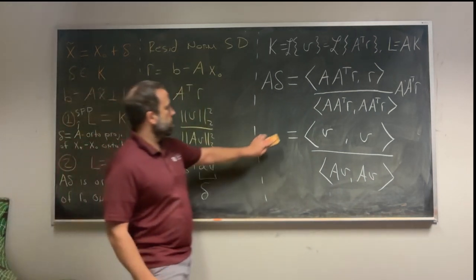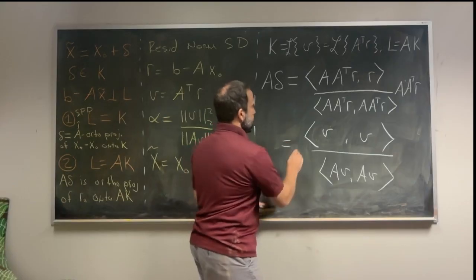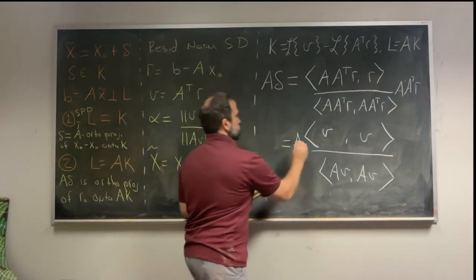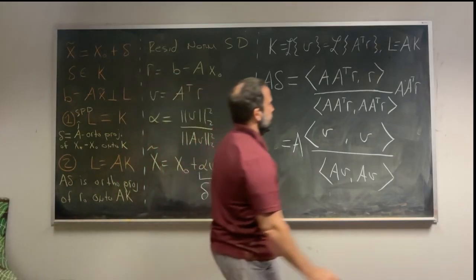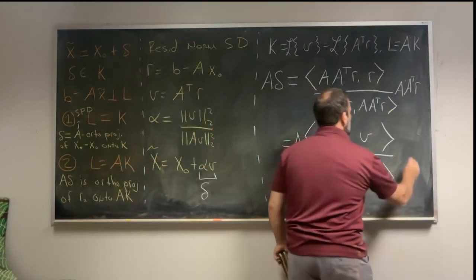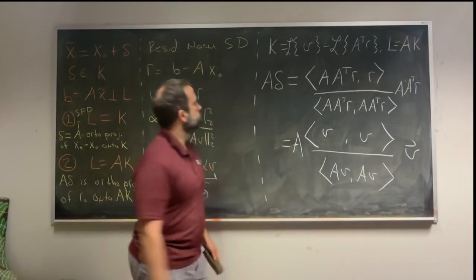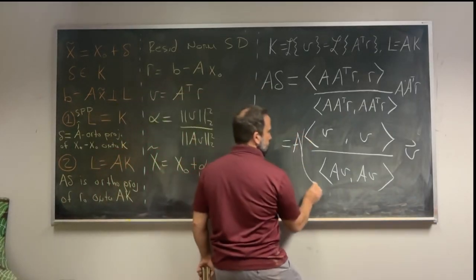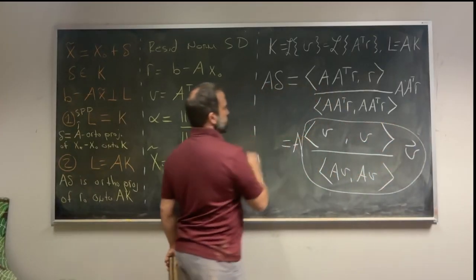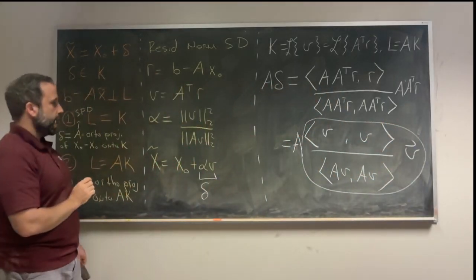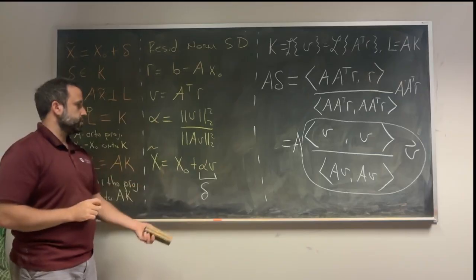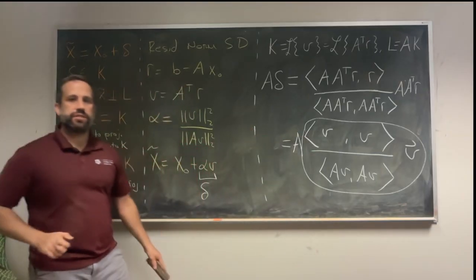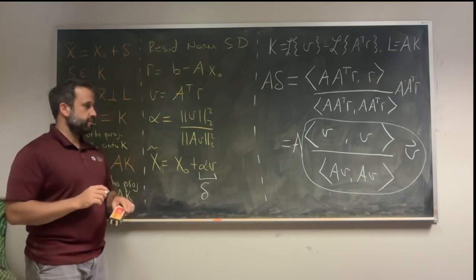Okay, and now this is a scalar, so as I did before, I can put the A over here. And then over here, I'm going to have the A transpose R, which is V. So A delta is equal to A times this. So if I choose delta to be that right there, then I'll have what I need. And that right there is exactly what you get, alpha times V, with this formula right here. Remember, the inner product of a vector with itself is just the square of the norm of that vector.